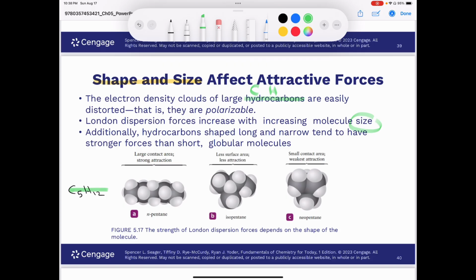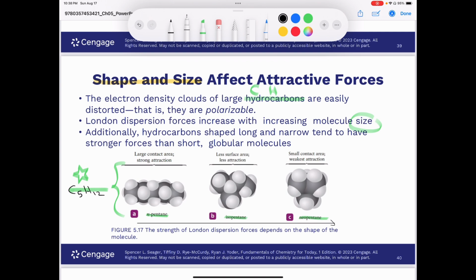So again, you notice that all three of these compounds, N-pentane, isopentane, and neopentane, they all have the same formula of C5H12. But what happens is that the boiling point and the melting points of these molecules decrease as you go from N-pentane to isopentane to neopentane. Why?